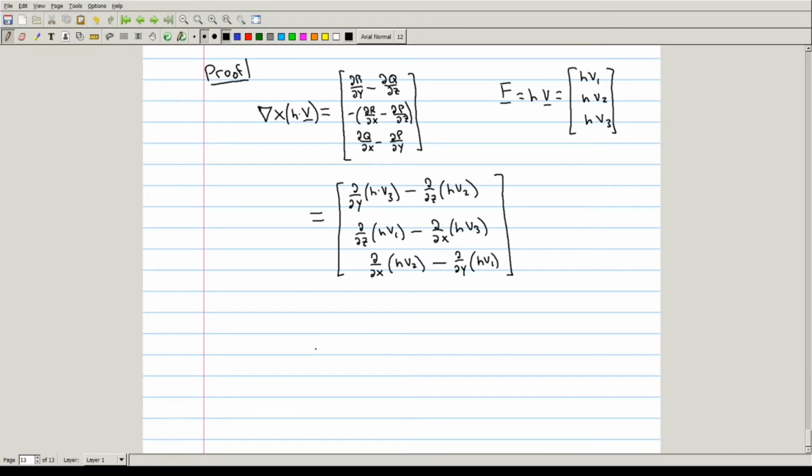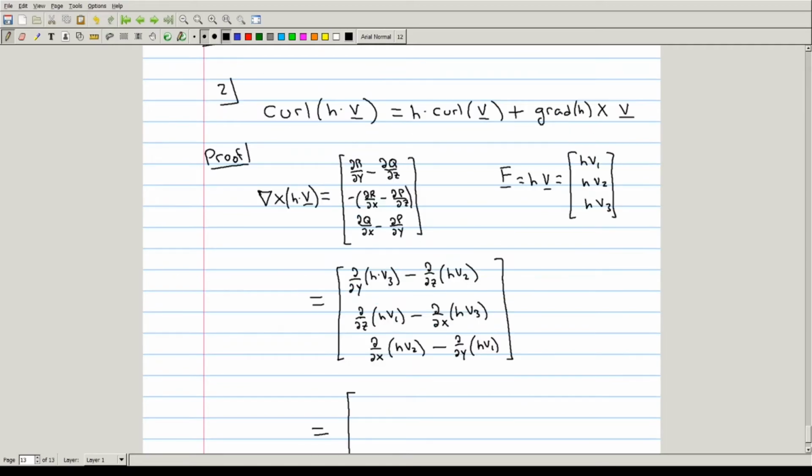And sure enough, for each of these partial derivatives, we can apply the product rule. When we apply the product rule to each one of these terms, what we'll end up getting is the following.